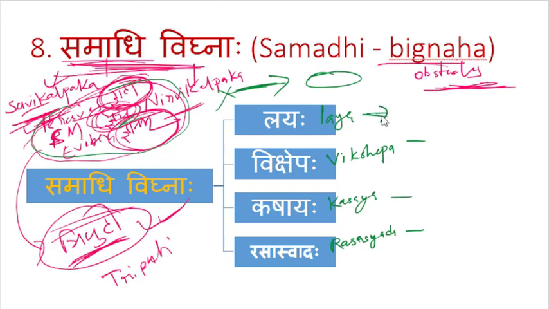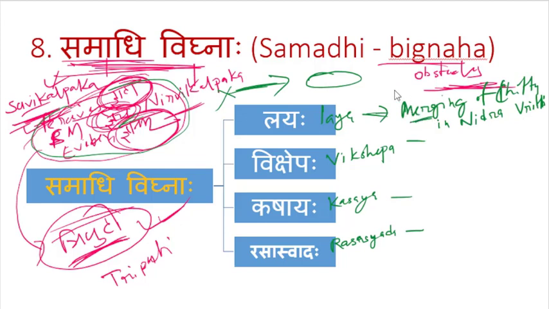So what is Laya? Laya means, without attending to Brahman, the merging of Chitta in Nidra Vritti. I write in English only. I think it's visible.